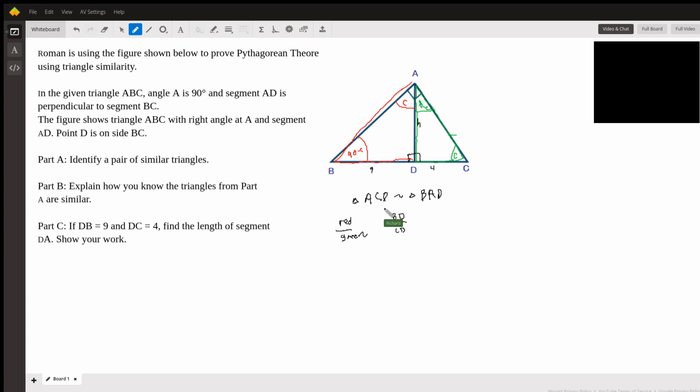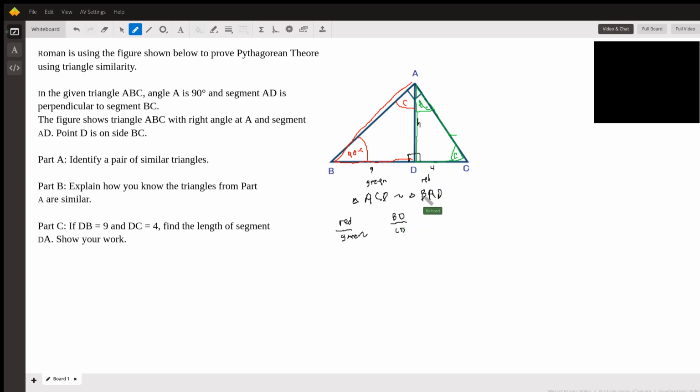I think I might have this congruence statement wrong. Okay, this is red. And then red C is up here. Well, there is no red C. This is green. I'm really sorry. Let me just write this as green and red.